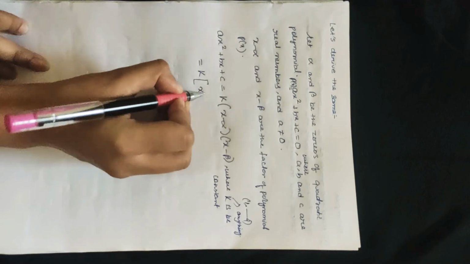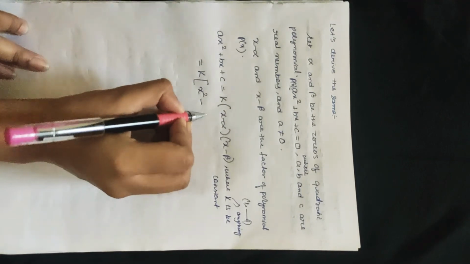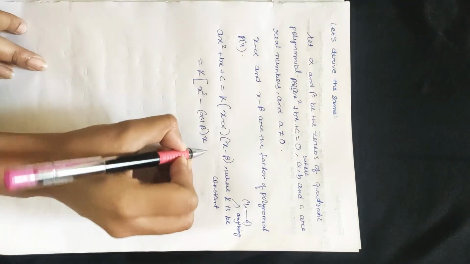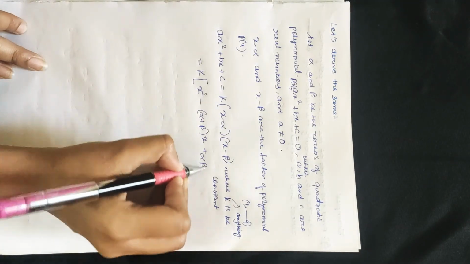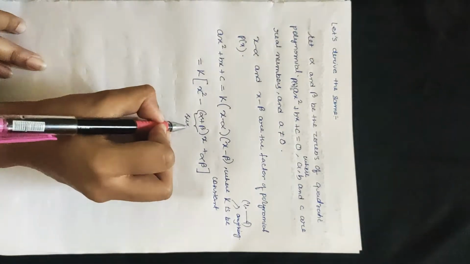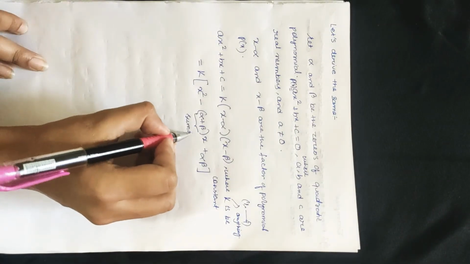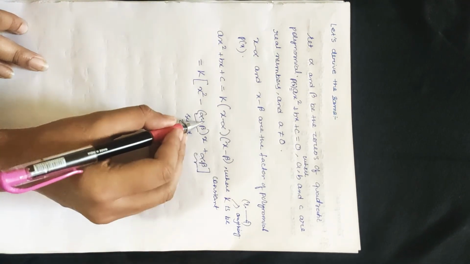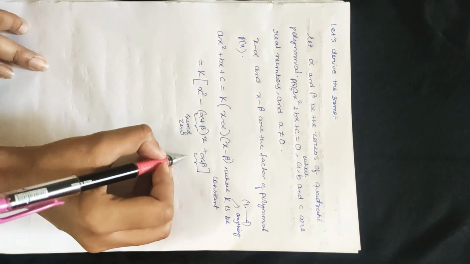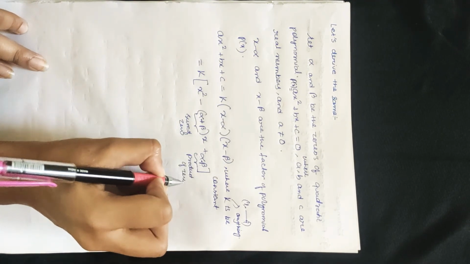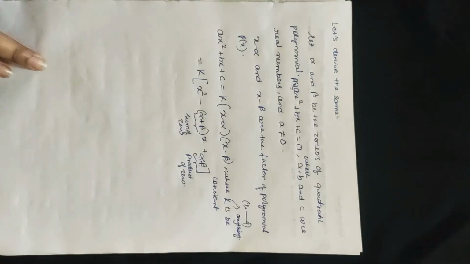So x square minus (alpha plus beta) x plus alpha beta. Okay, so this is nothing but the sum of zeros, where the plus is the sum, and this is the product of zeros.